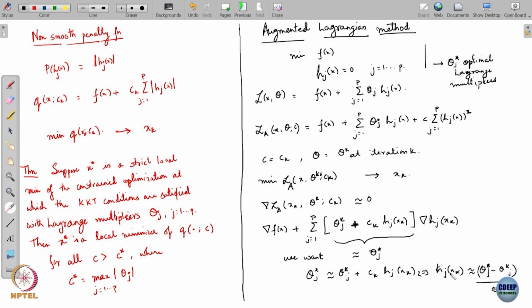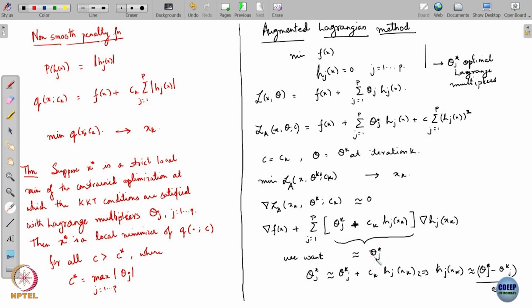Right? Now, this particular equation also gives us a hint on how exactly one should update the value of theta k. So, what we did right now was we fixed a value of C k and a value of theta k, and we said let us minimize the augmented Lagrangian to get x k. And then what we are saying is, if we were nearly at the true solution, this should become equal to the next optimal Lagrange multiplier.